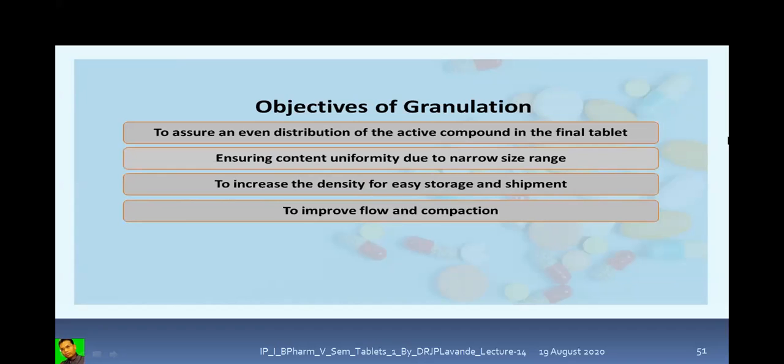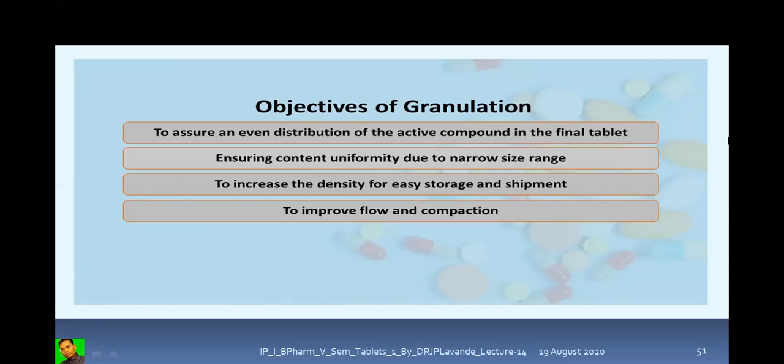So whatever the 5 milligram, 10 milligram of the API is there, in order to mix it uniformly into the 100 milligram tablet, in order to assure the uniform mixing of the API with that of the batch, there is a need to go for the granulation process. It will ensure the content uniformity due to narrow size range.